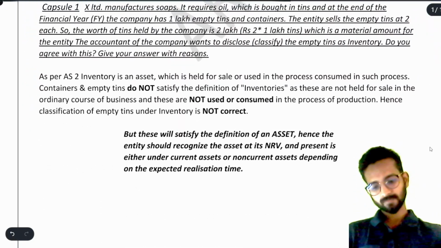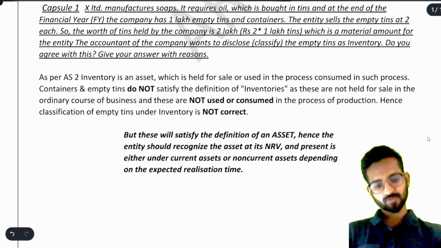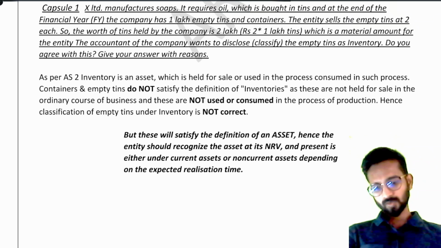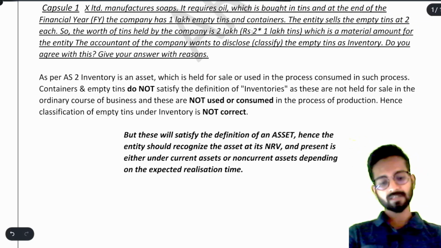Now the first capsule we have here is capsule number 1. What does it say? X Limited manufactures soaps. It requires oil which is bought in tins, and at the end of the year the company has 1 lakh empty tins and containers.